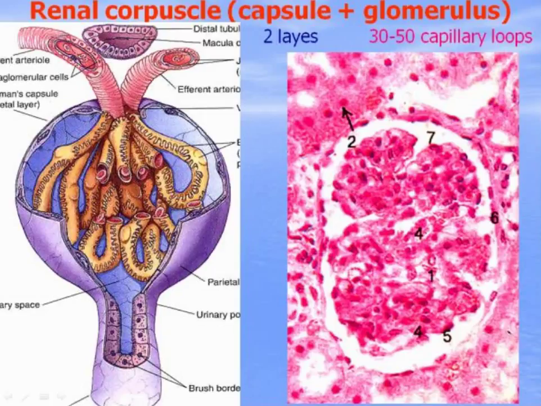The inner layer covers the capillaries of the glomerulus. The glomerulus consists of 30-50 capillary loops. Between the inner and outer layers of the capsule there is the urinary space, a cleft-like cavity.